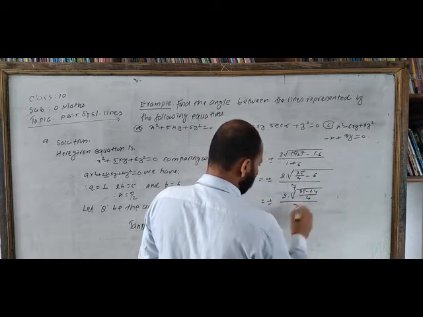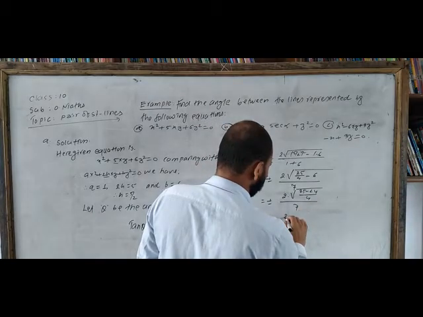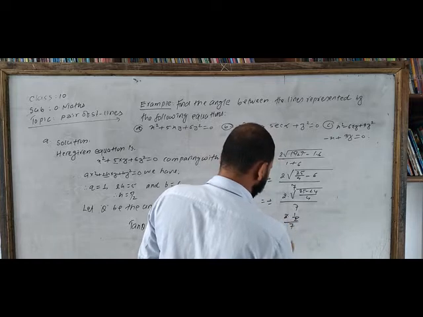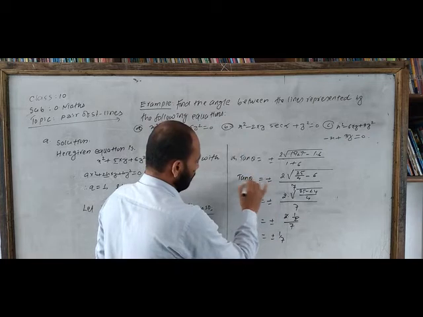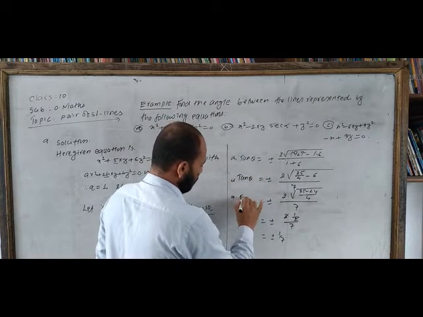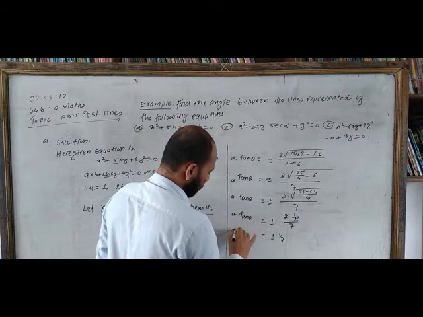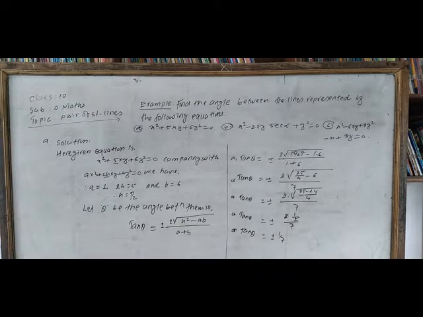Here 25 minus 24 is 1, its root is 1, and 2 into 1 by 2 cancel, so we have plus minus 1 by 7. Write down here tan theta. First you should find the value of tan theta.